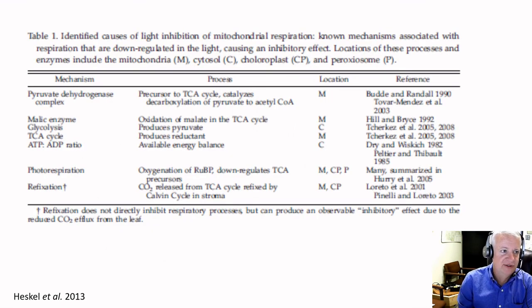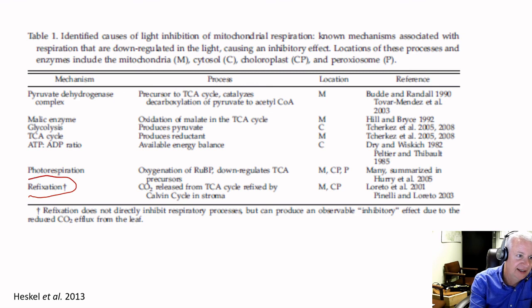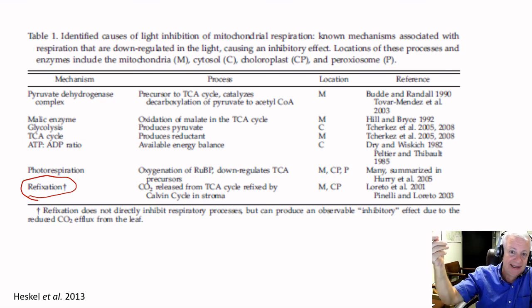They show a table showing a lot of the factors that likely contribute to that suppressed respiration rate in the light, and there are a lot of explanations, including refixation of respired CO2 in the chloroplast. So the chloroplast basically grabs some of that CO2 that's emitted by mitochondria.